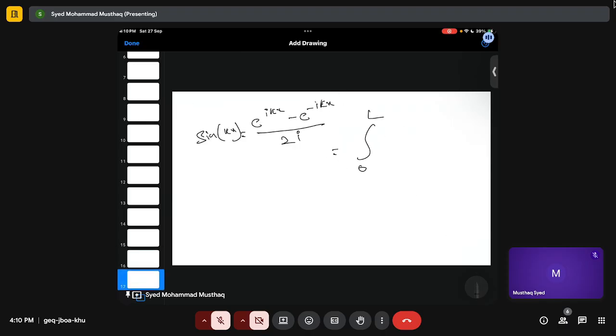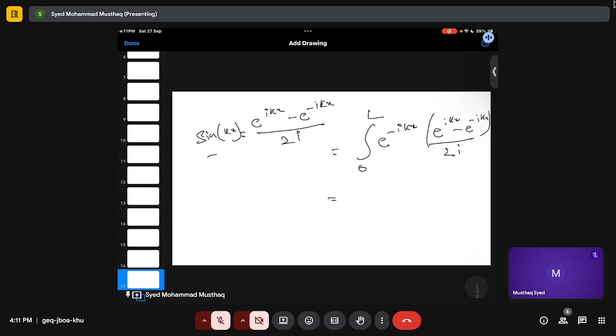I will not derive the whole thing, okay? It will take time, so I will just write everything. After that, it is just a simple mathematical equation. So let's say e power minus ikx times e power ikx minus e power minus ikx. I hope I'm writing right.